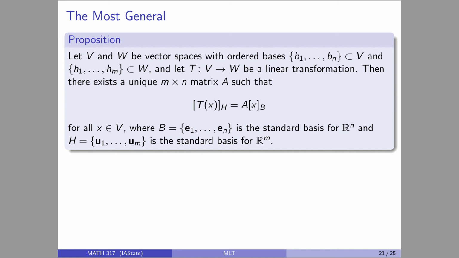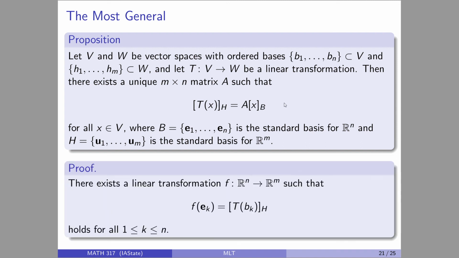So, how do we prove the result for Rn and Rm? Well, we fed in the basis elements into the mapping T, and we looked at it there. So we want to do the same thing here. We'll feed the basis elements into T, but note the basis elements we need to feed into T are B1 to Bn. As we proved, if you know where basis elements go, you can create a linear mapping.